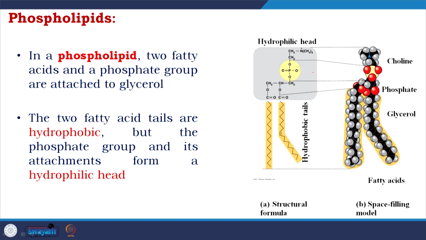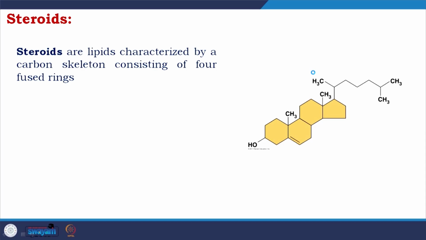Because it is phosphate, it does not always form a negative charge. In the presence of choline, which is shown here, the hydrophilic head shows a positive charge, and in that way a phospholipid could show negative or positive charge, creating a negative or positive environment.